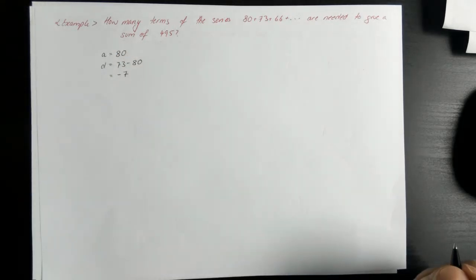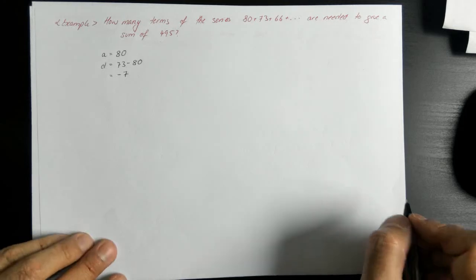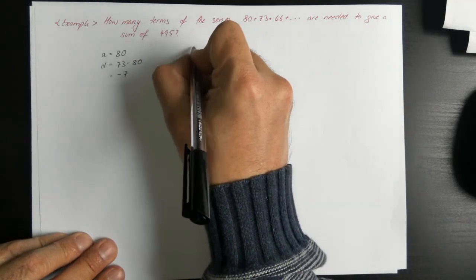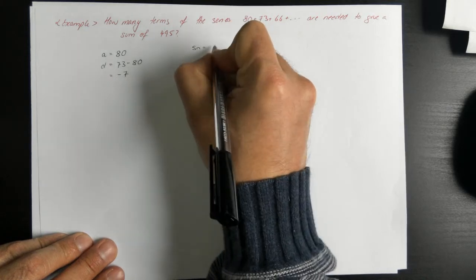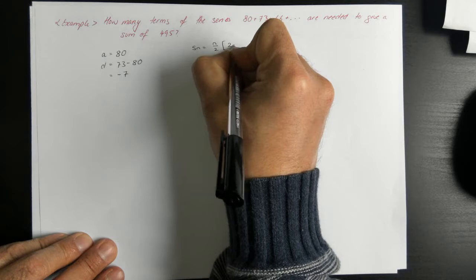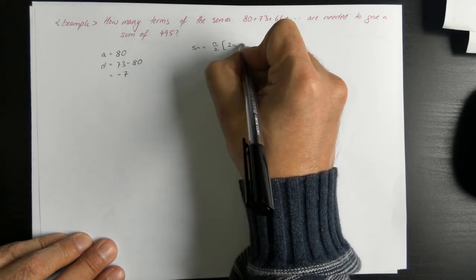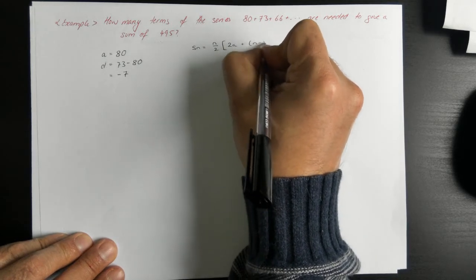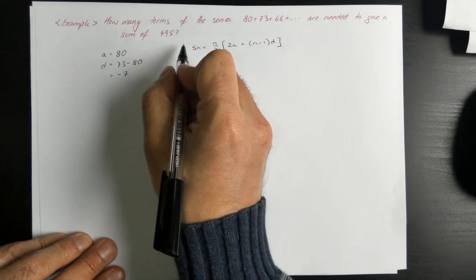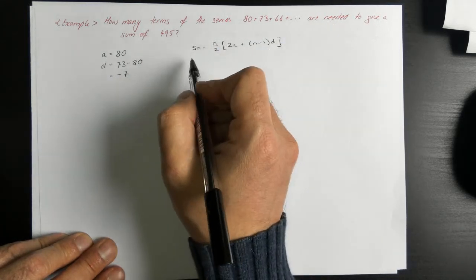Okay, and so looking at this, using our formula, we've got Sn equals n over 2 times 2a plus n minus 1 d. So I want to find how many terms. I want to find what n is.